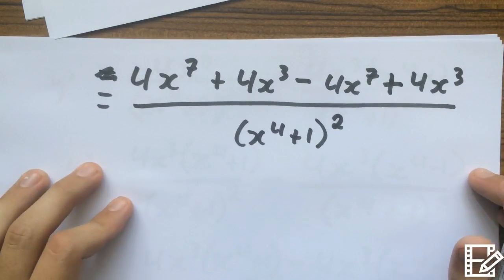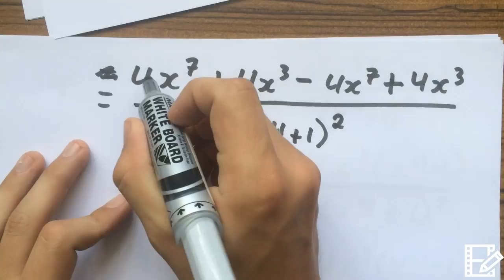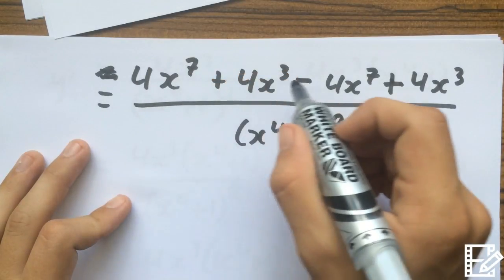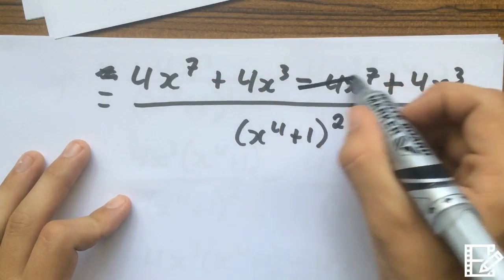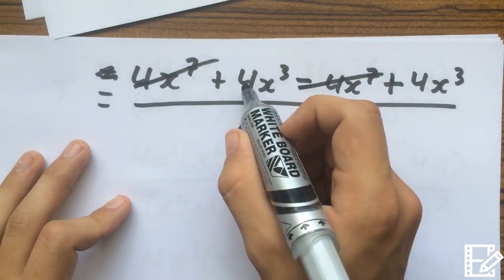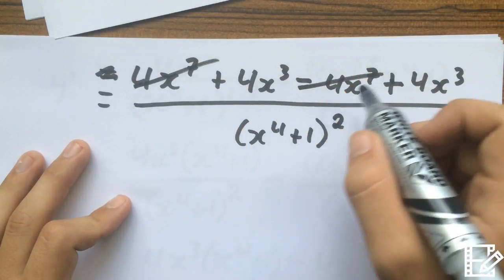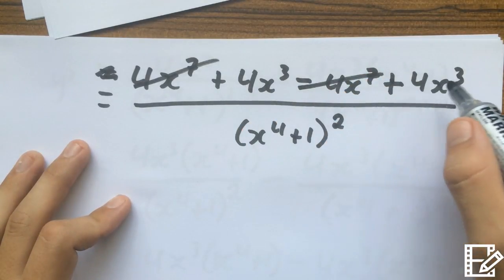Now we're going to use the process of elimination. We have a positive 4x to the power of 7 and a negative 4x to the power of 7. They can go. Now we're left with a positive 4x to the power of 3 and then another positive 4x to the power of 3.